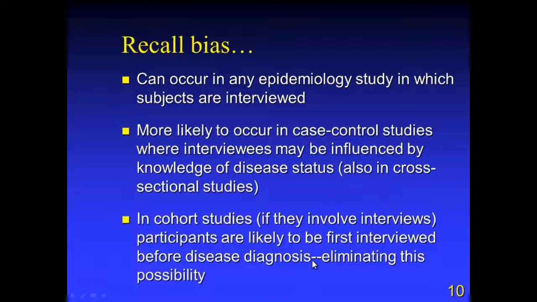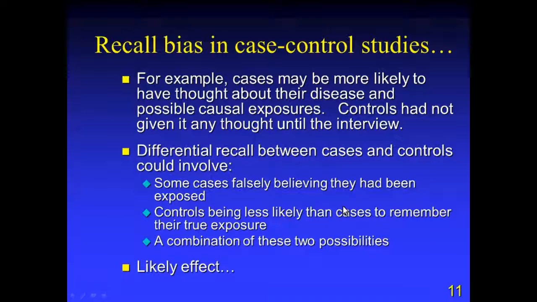It is less likely to occur in cohort studies because, particularly when the members of the cohort are first interviewed, they will not know their disease diagnosis because they're selected to be free of the disease at entry. So because they don't know their status, it's unlikely to occur in cohort studies, but definitely can occur in case control studies, recall bias.